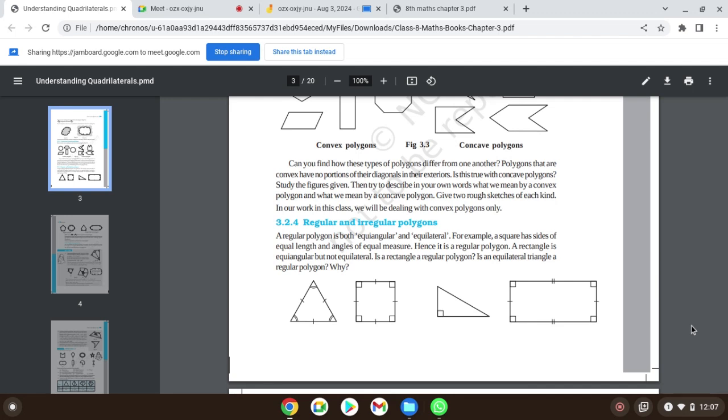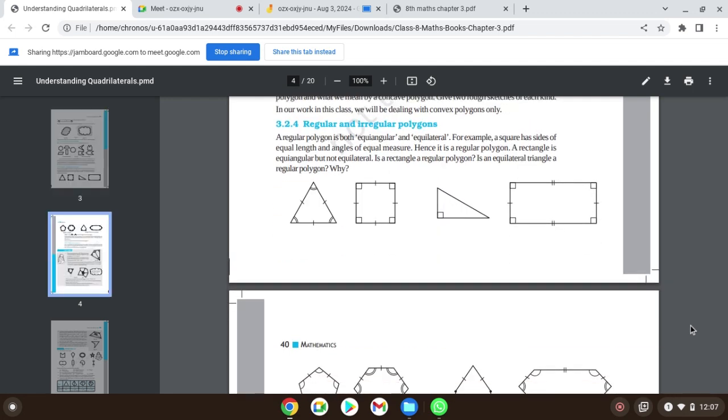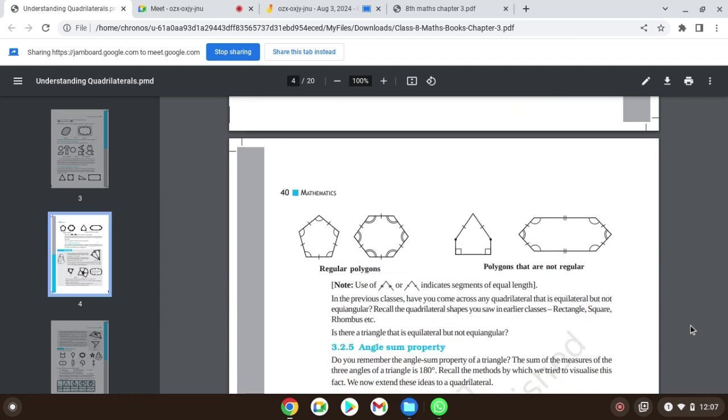So a regular polygon is both equilateral and equiangular, and we have done with this. Now on the next page, here we have polygons. Which one is 1 2 3 4 5, which is a pentagon, and 1 2 3 4 5 6, which is a hexagon, because every angle and every side is equal in measurement, and that is a regular polygon.